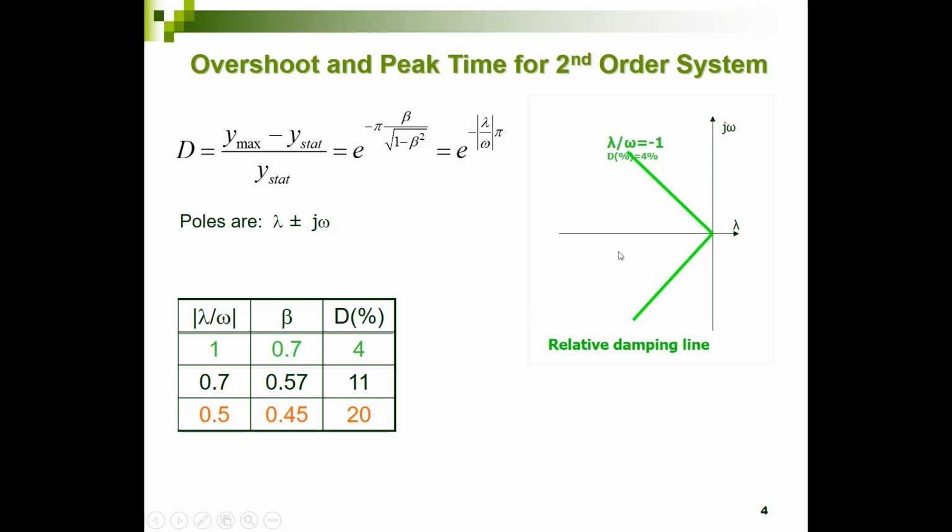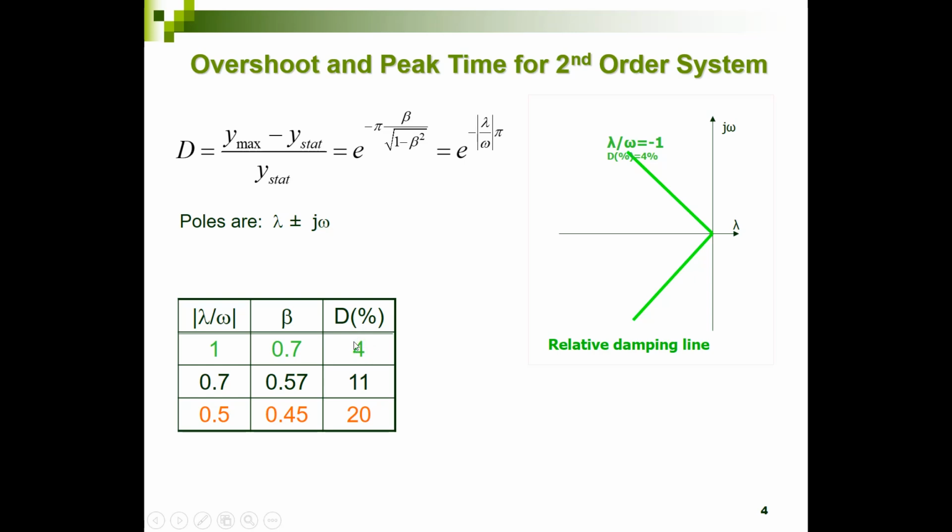So that brings us to an interesting thing which we can see over here in this picture of the S-plane. Well, we draw lines which have a constant value of lambda over omega. So, for instance, in this example, the absolute value is 1, so minus 1 here and 1 there. It means that systems which have poles lying on these lines always have an overshoot of 4% when applying a step to the input.